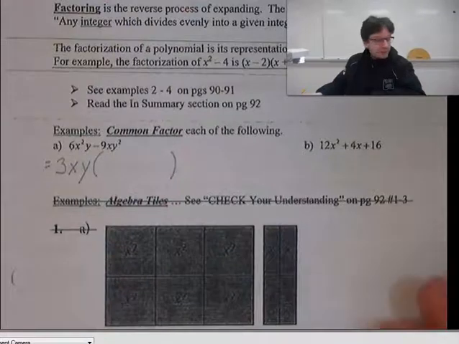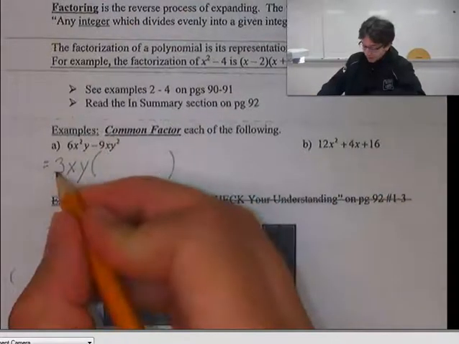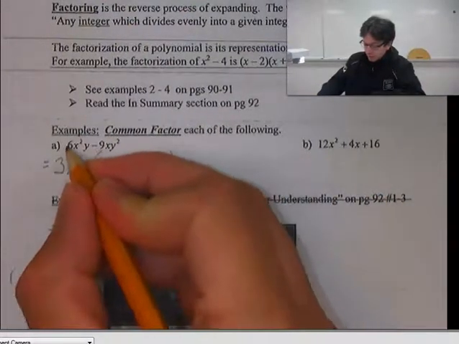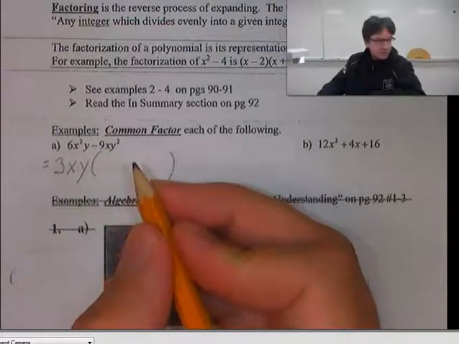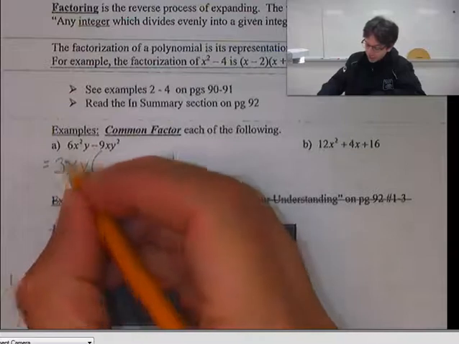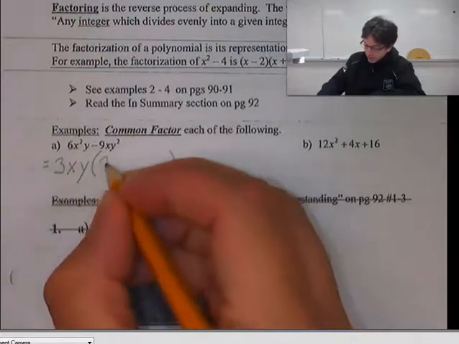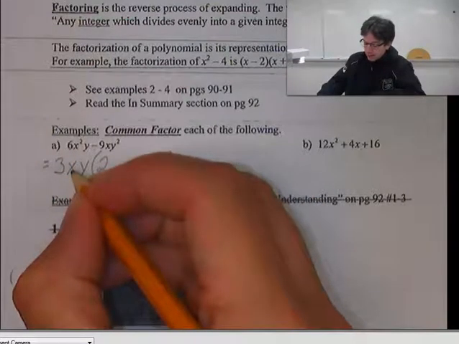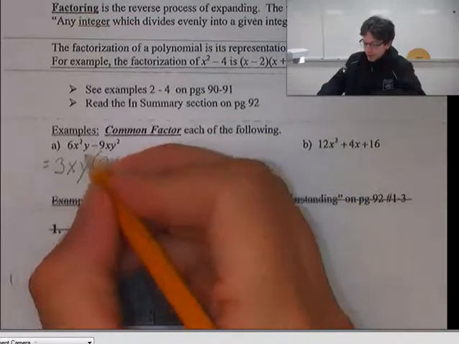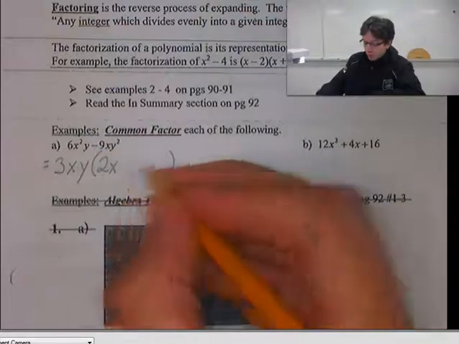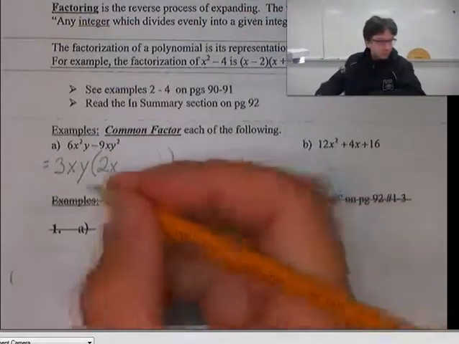Okay. Then we need to ask ourselves, okay, 3xy times what gives us 6x squared y? So again, let's start with the coefficient. 3 times what gives you 6? That would be a 2. x times what gives you x squared? That would just be an x. And y times what gives you y? Well, that would just be 1, but we're not going to write 1.